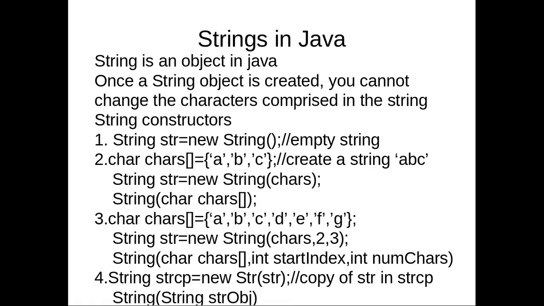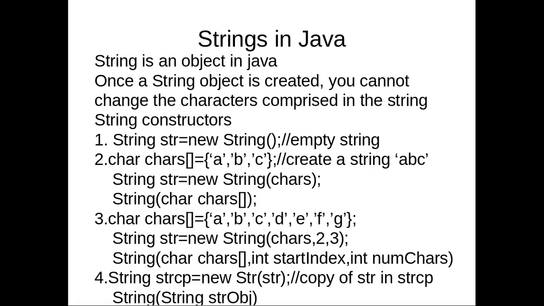Now the third one is String(chars, 2, 3). Now we have created an array A, B, C, D, E, F, G. That means 7 characters are there in the character array, and now you are going to pass 3 parameters: chars, 2, 3. String str = new String(chars, 2, 3).